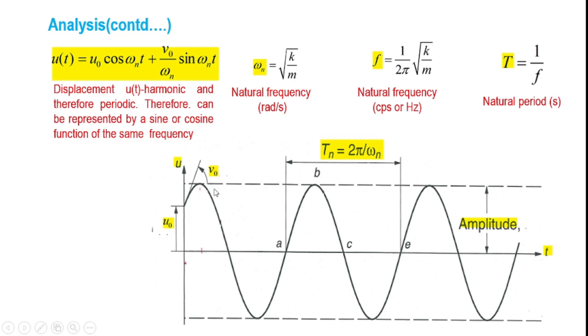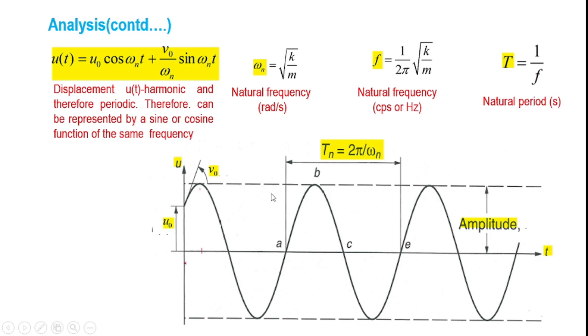As you can see, the system undergoes a periodic motion, and the system has a natural period Tn. What was the natural period Tn? It is the time required for the system to complete one cycle of motion, that is from A, B, C to E, as clearly marked here. The natural period of the system is equal to 2 pi by omega n.